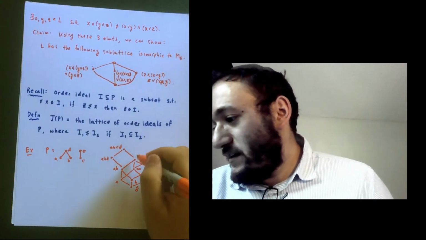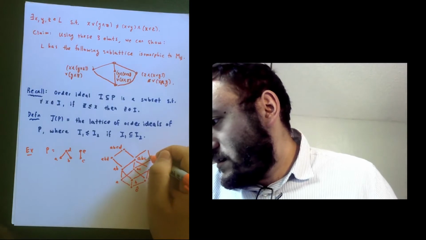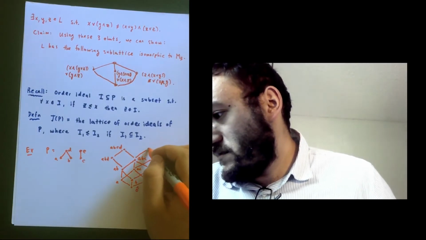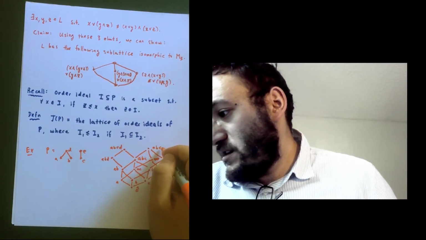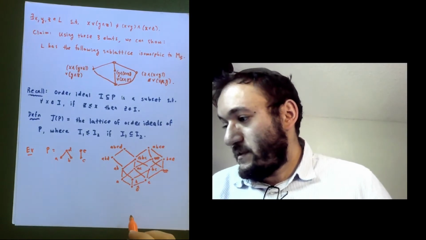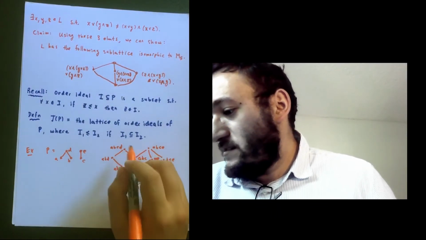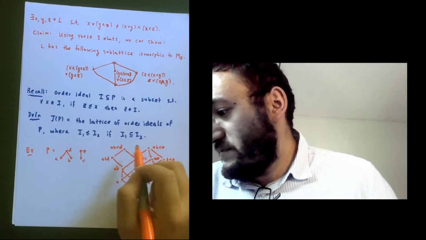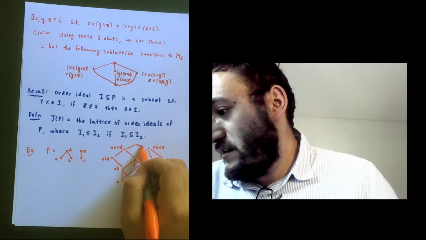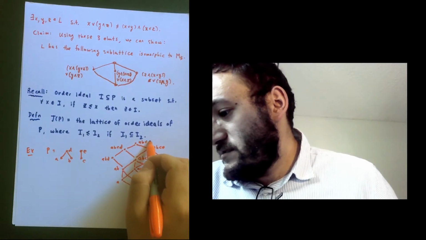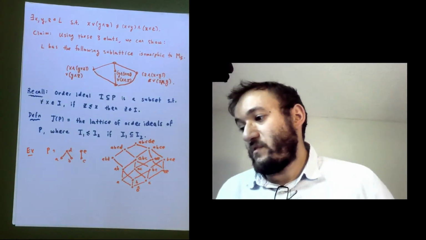Okay, and then over here we can get A, B, C, E, and then taking the join of these two, we have the full set A, B, C, D, E.